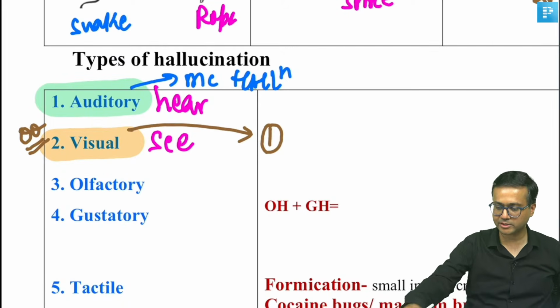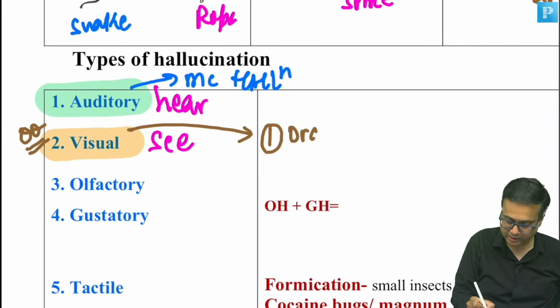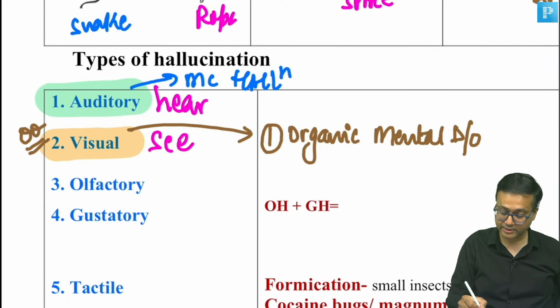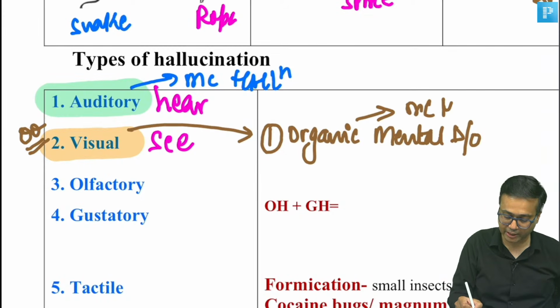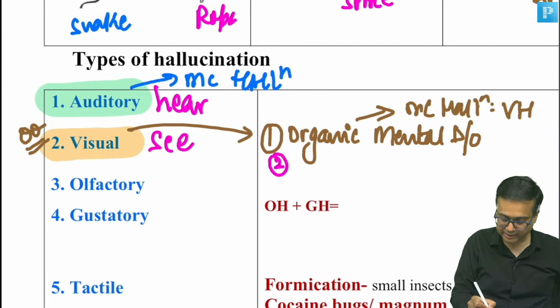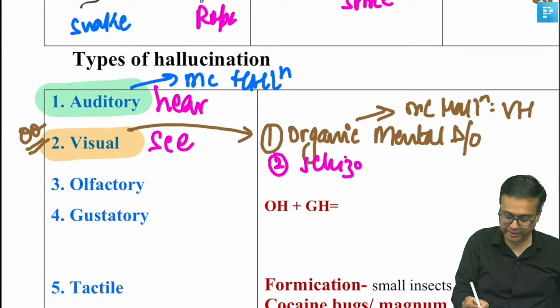Very good, beta, organic mental disorders. We will discuss in organic mental disorder, the most common hallucination is visual hallucination. So please remember this point. Of course it can be seen in other conditions like schizophrenia and even other conditions.